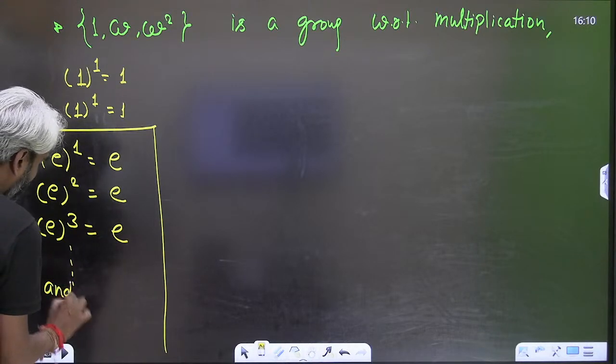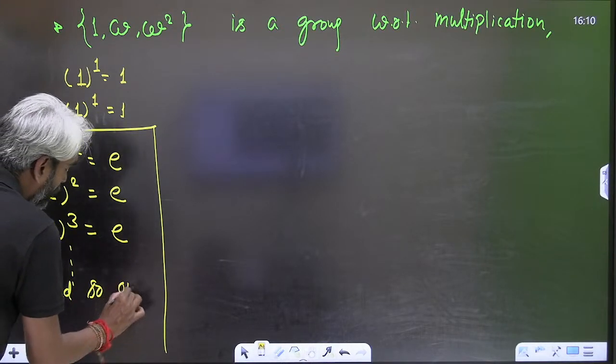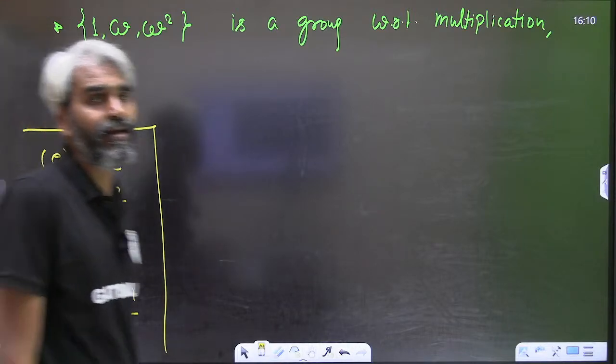So do you realize that the identity element can never generate any other element of the set?